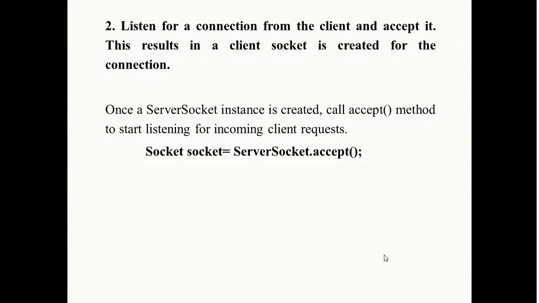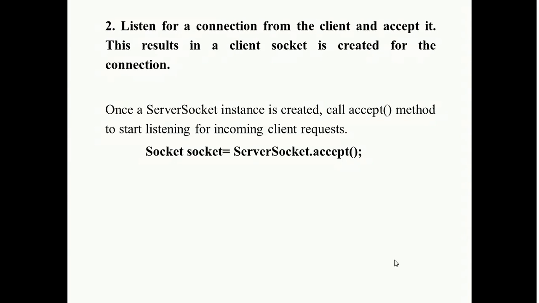Next step is listen for the connection from the client and accept it. This results in a client socket being created for a connection. Once the ServerSocket instance is created, the ServerSocket calls the accept method to start listening for incoming client requests.